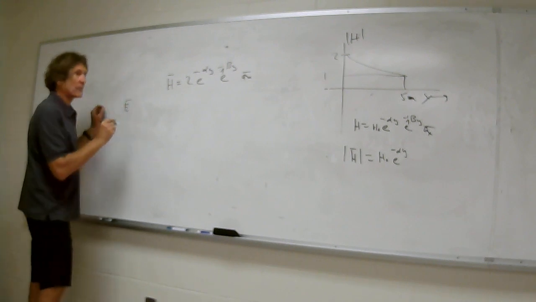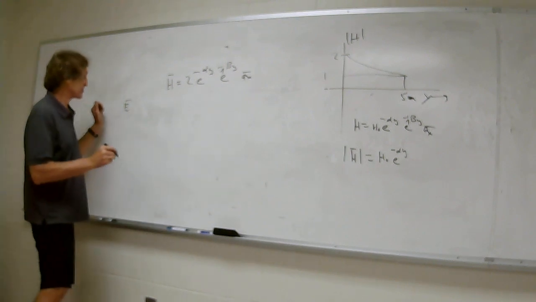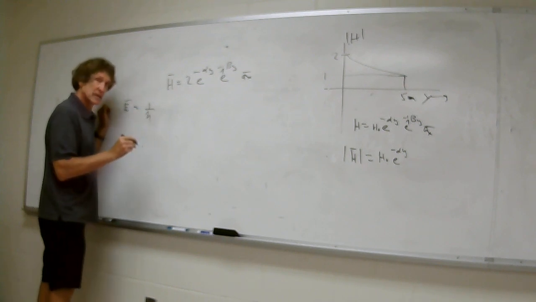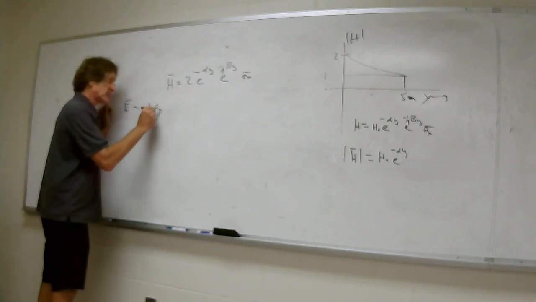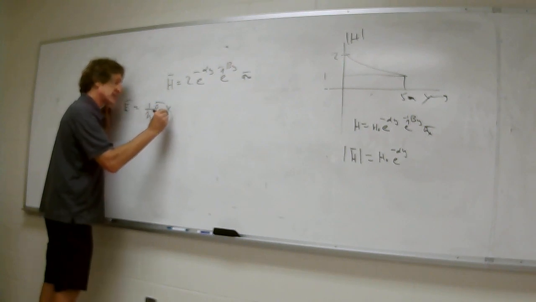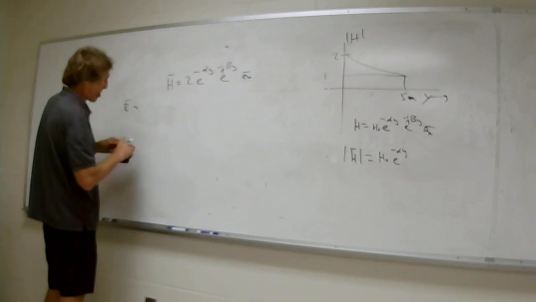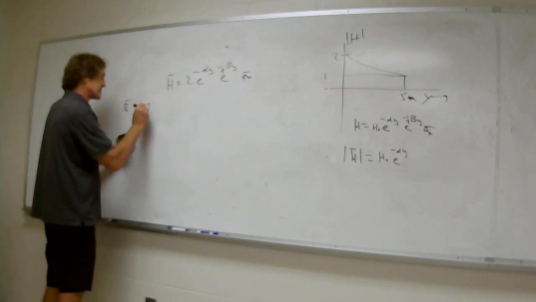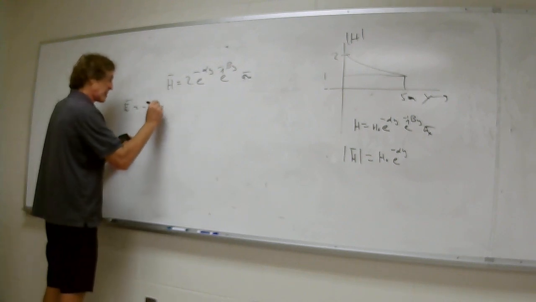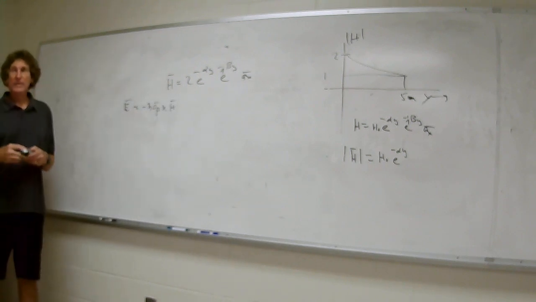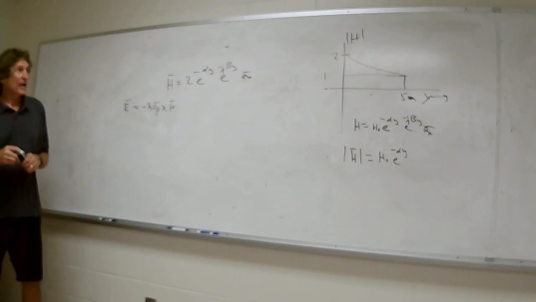Think back, I erased what I showed you over there. E field is 1 over eta, unit vector in the direction of propagation crossed into, I'm sorry, just the H field. The E field is minus eta, unit vector in the direction of propagation, crossed into the H field, correct? Okay.